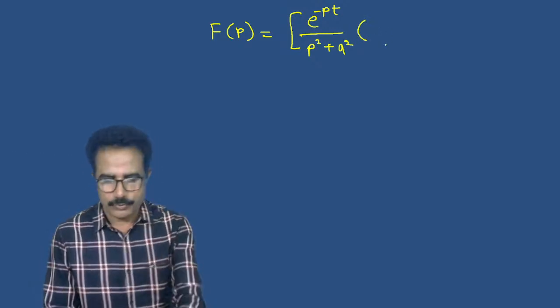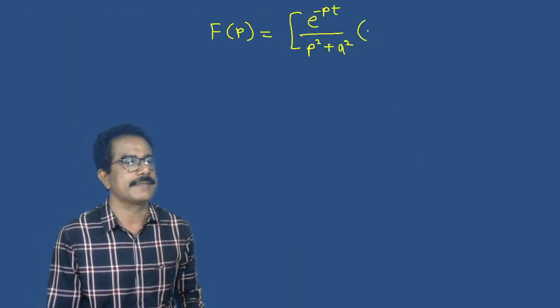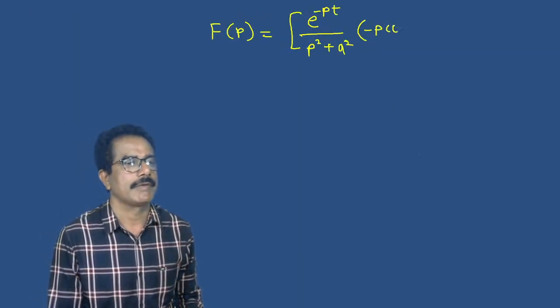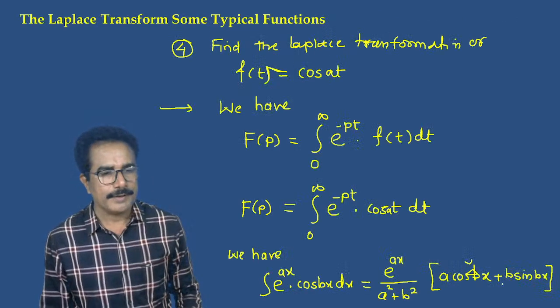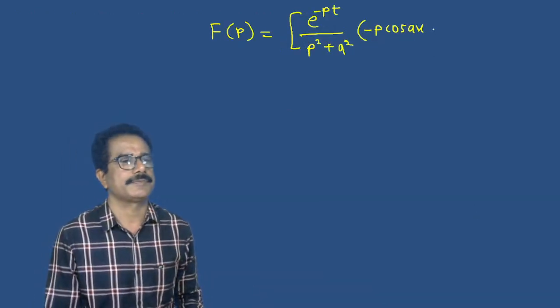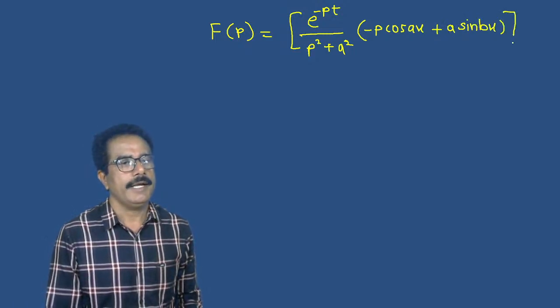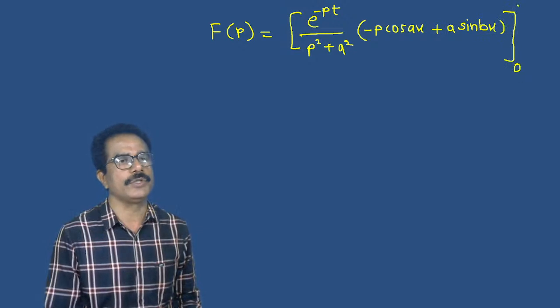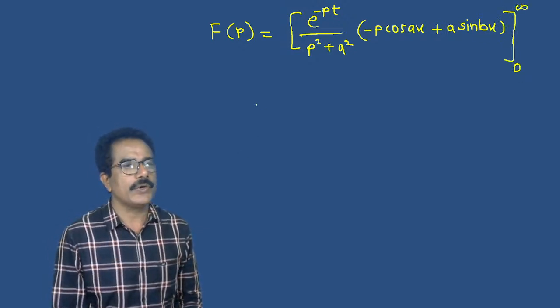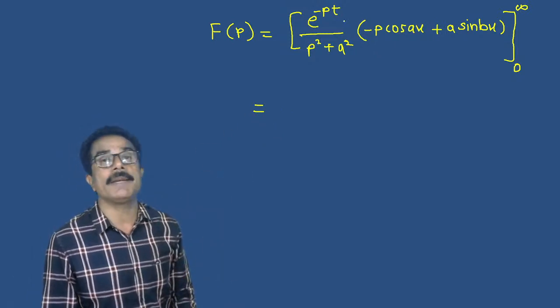Again we have to write a as minus p, cos at, and b as a, sin at, and again you have to keep the integral from 0 to infinity. So now we can replace this upper limit in place of t.